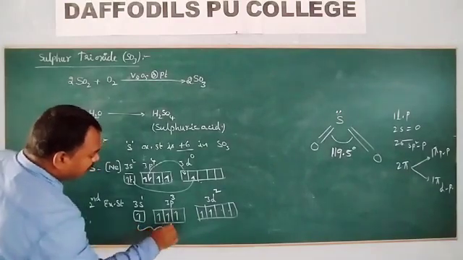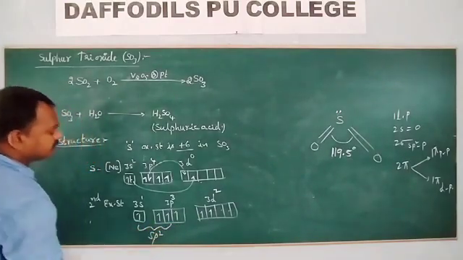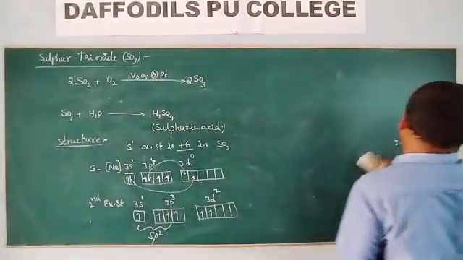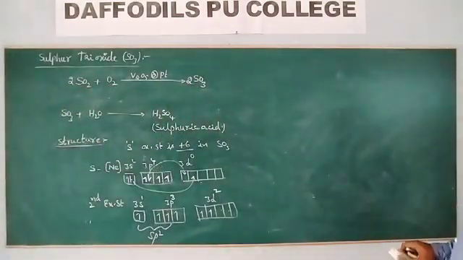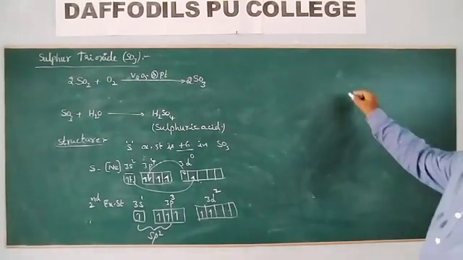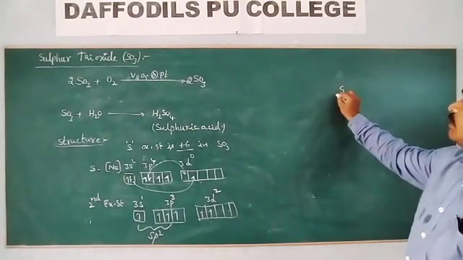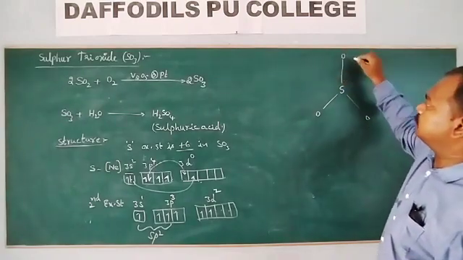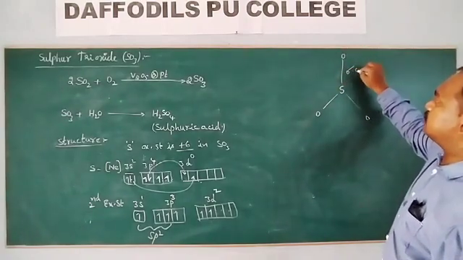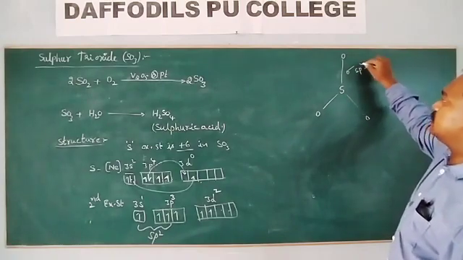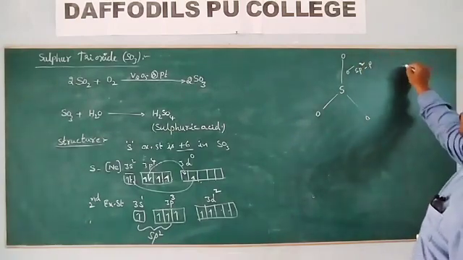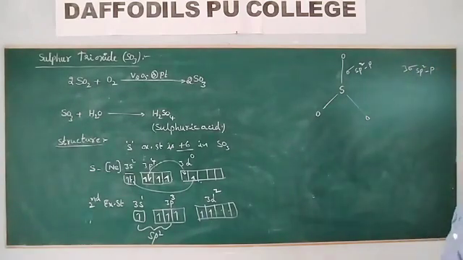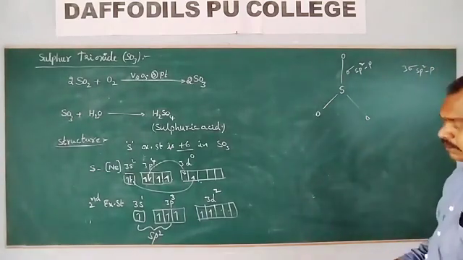But hybridization in sulfur trioxide is sp2. Central atom is sulfur. Each oxygen forms one sigma bond, and these sigma bonds are sp2p bonds, so we will get 3 sigma sp2p bonds in the case of sulfur trioxide.